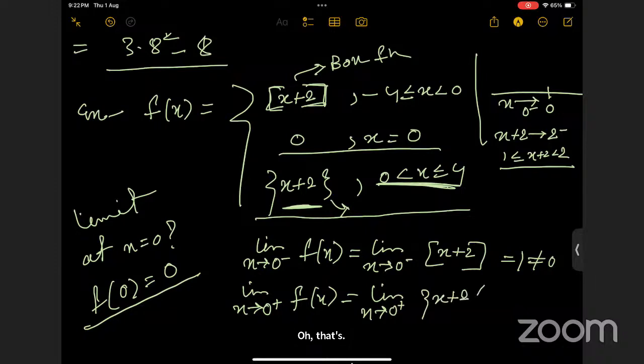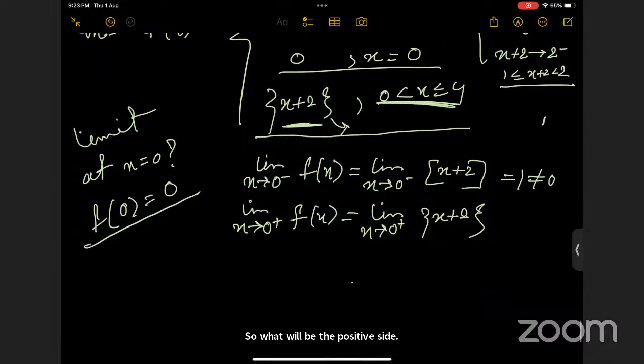Even the right limit. So what about the limit? What is the limit? Limit does not exist. So what will be the positive side? What is the right hand limit? It will tend to the value nearly 0 itself. So x is tending to 0 from the positive side.